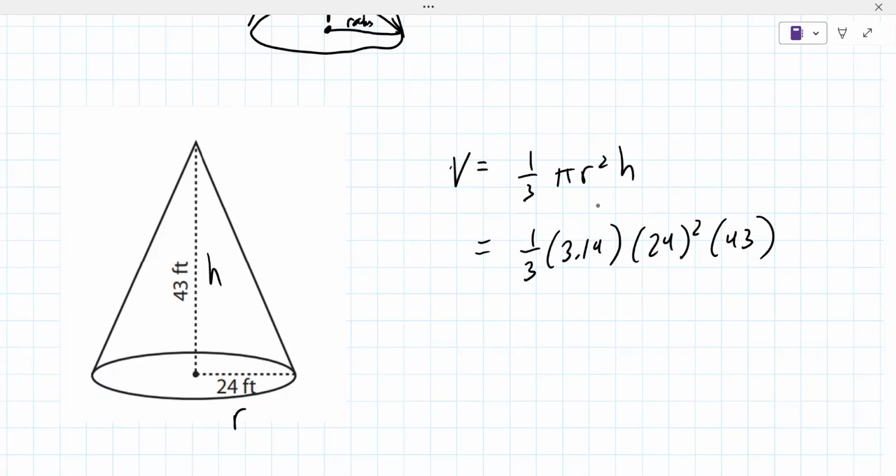So it would be, let's see, 24 times 24, so 576. Then 3.14 times, what was it?